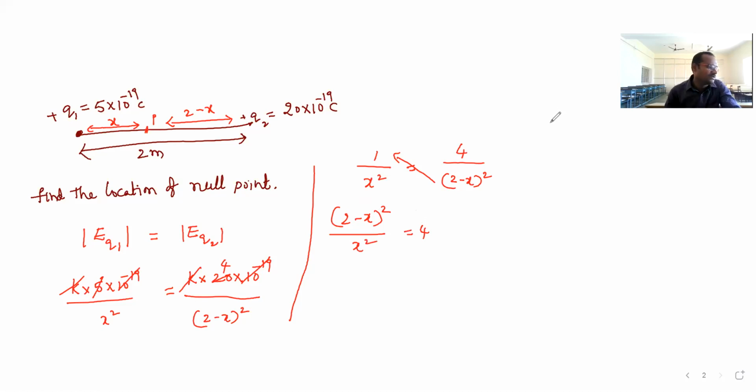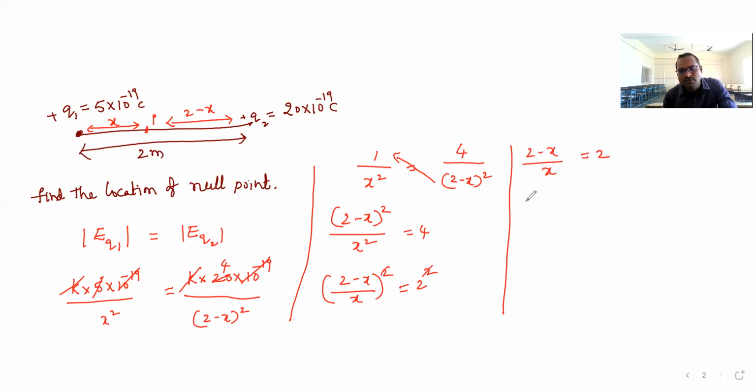So this can be written as 2 minus X divided by X whole square is equal to 2 square. This square cancels. What you will get? You will get 2 minus X divided by X is equal to 2.